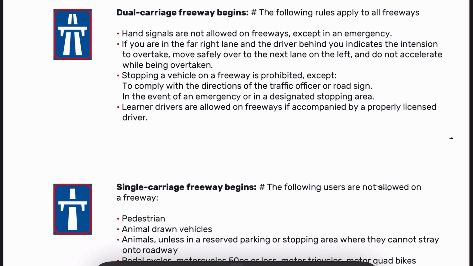And then what I believe to be good news for you as you are preparing for your learners is that learner drivers are allowed on freeways if accompanied by a properly licensed driver. So you can drive from Cape Town to Durban as long as you have someone with a driver's license next to you. Okay.